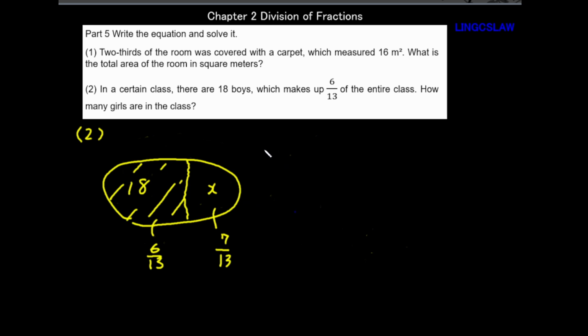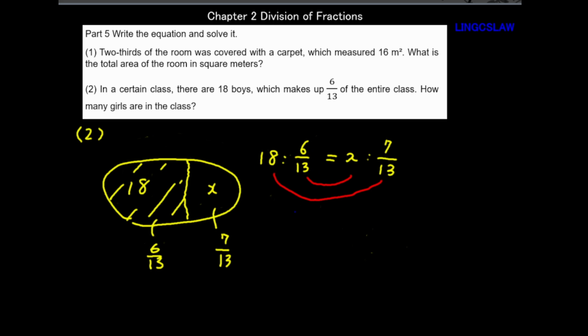So one way of solution is 18 to 6/13 equals x to 7/13. And in this case, you can multiply the inside terms and outside terms and make it equal.